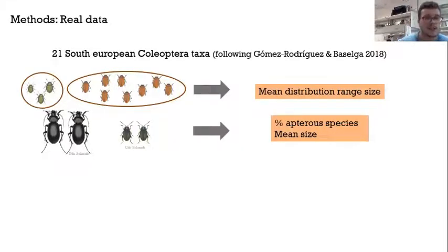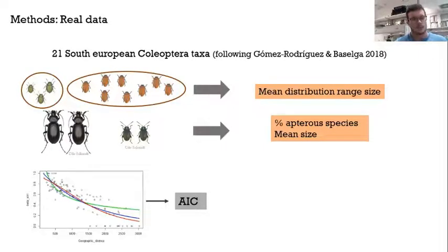These different taxa have different distribution sizes and different biological characteristics, and also different dispersal ability, that we can measure with some characteristics like the proportion of apterous species or the mean size.